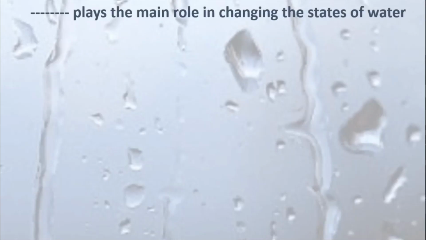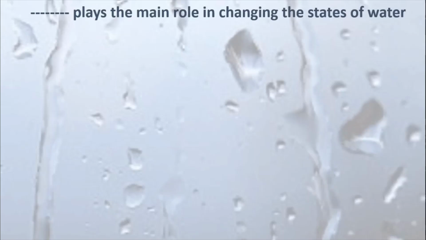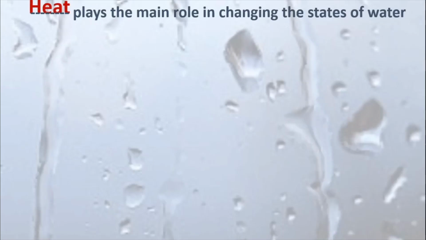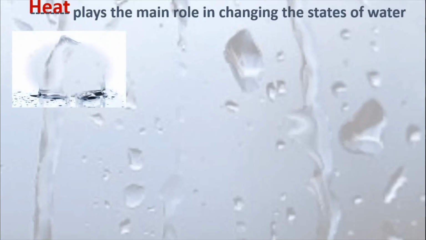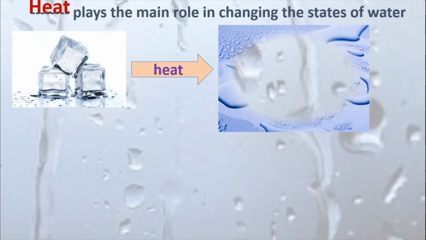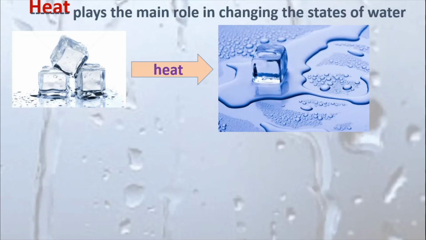So what plays a main role in changing the states of water? What do you think? Which is the thing that plays a main role in changing the states of water? Yes, it is heat. You give heat to water, the state changes. You take away heat, which means you are cooling something, the state of water will change. For example, let us look at the same thing that we saw. When you heat ice, it becomes water.